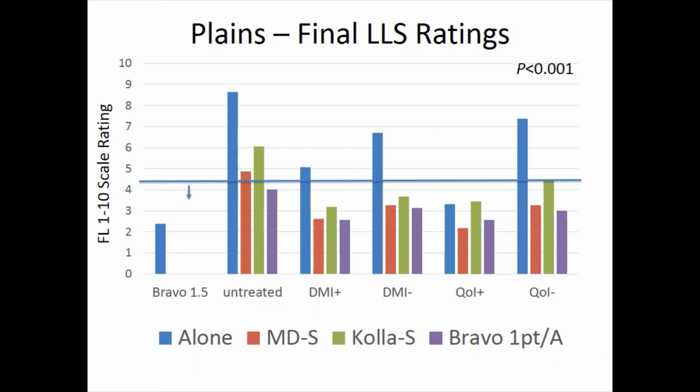The same was true for all of the sulfur treatments when they were mixed with a synthetic fungicide. All of the columns that go above this upper line were statistically similar to the non-treated control.